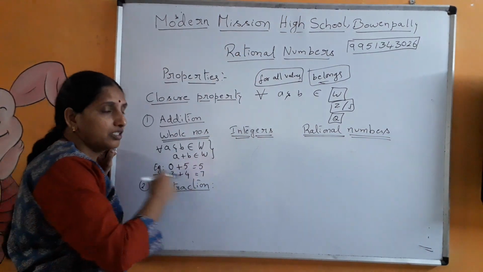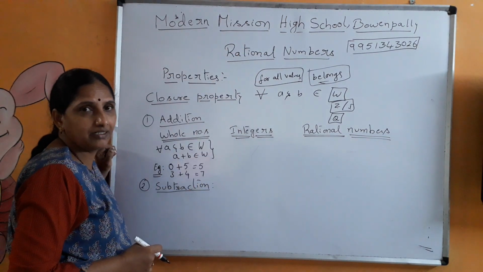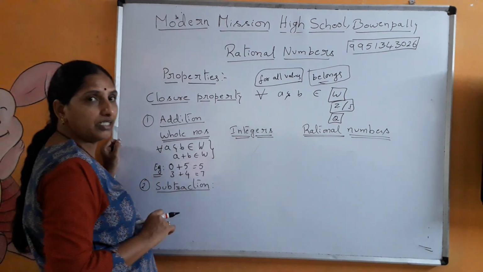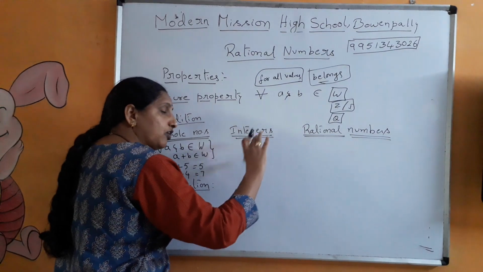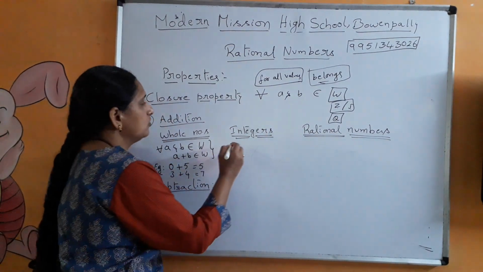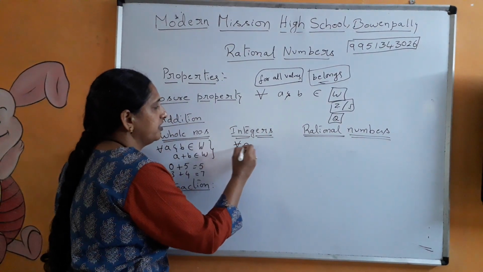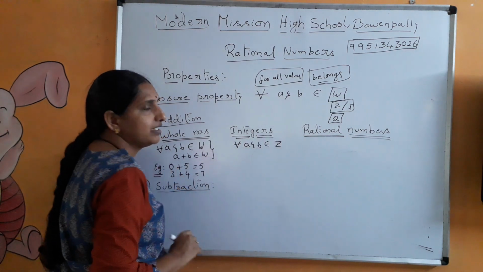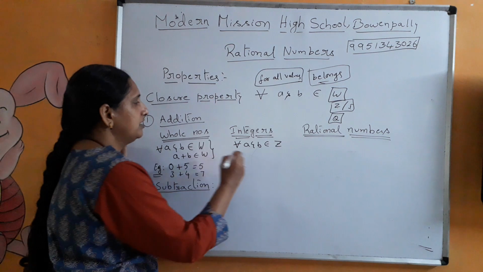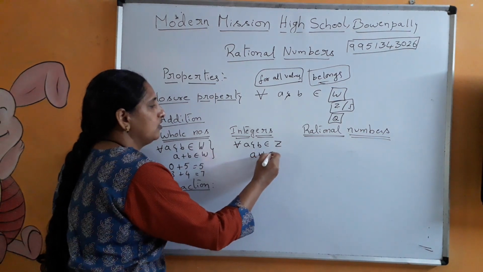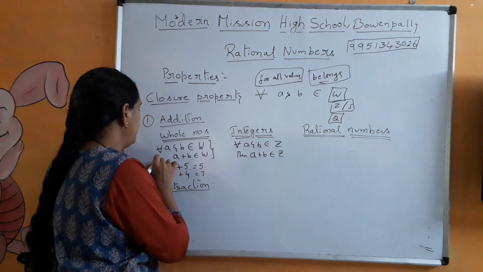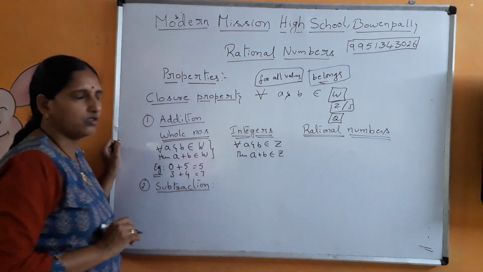It's a huge set. Now let us see how to write the general form for integers and check whether that form is right or not. For all values of A and B belonging to integers, let me write it as Z, then A plus B also belongs to Z.